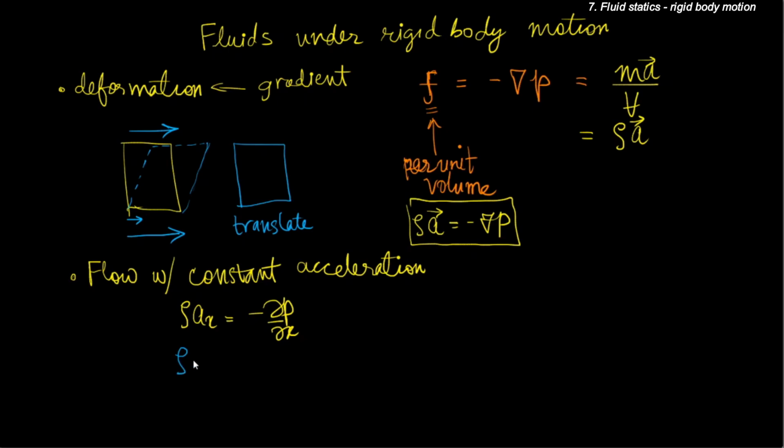Then we would have rho A_y is equal to minus del P del Y, and similarly we will have rho A_z equal to minus del P del Z, but there will be another added body force that will be due to gravity, minus rho g.